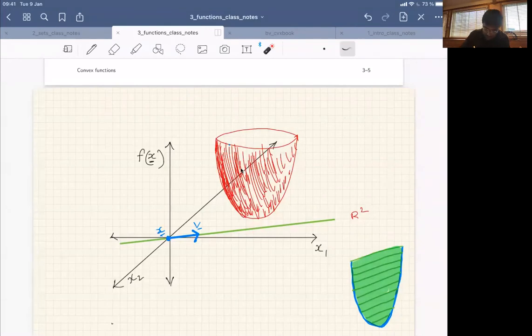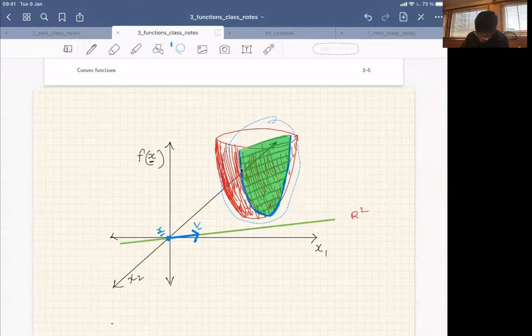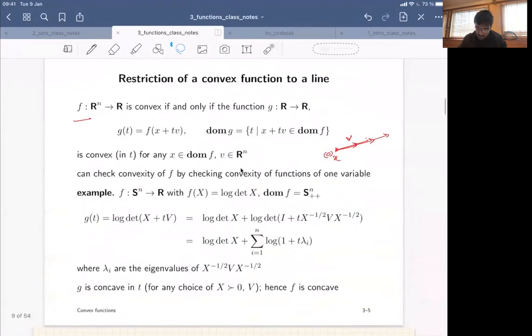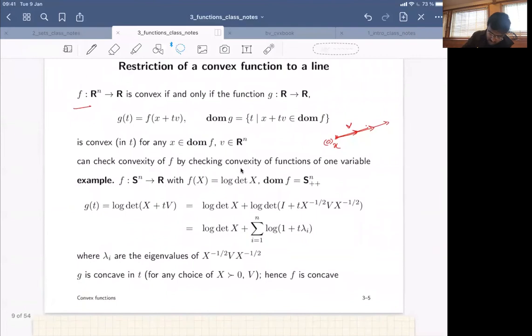When you evaluate, you will get a slice like this. Then see whether that is convex with respect to this line, that means with respect to t. So the new function is a function of t, and we check whether it is convex in t or not.